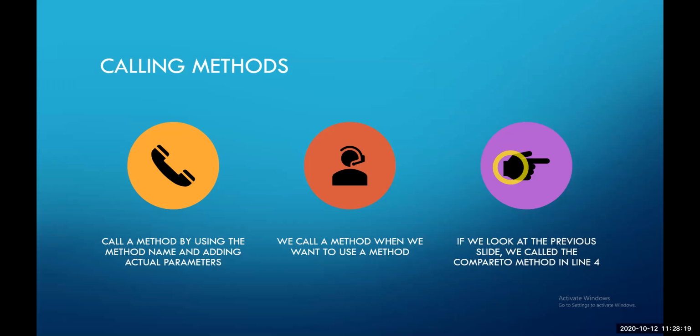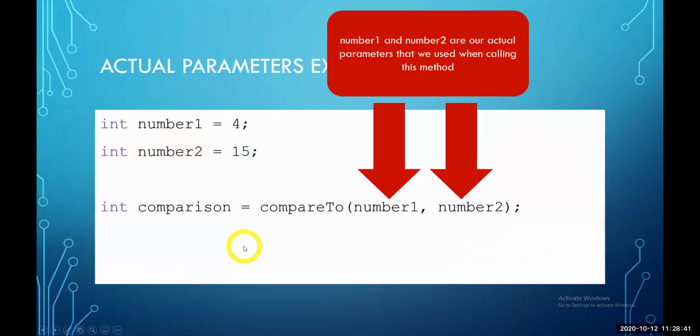And so calling methods. Calling methods is when you actually want to use that method in your code. All right, you declared your method, you create the signature, your method runs or it looks good. But when you actually want to use it in your code is when you're calling it. So you call a method by using the method name and adding your actual parameters, like this right here.